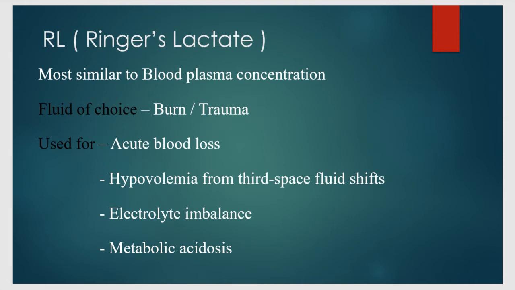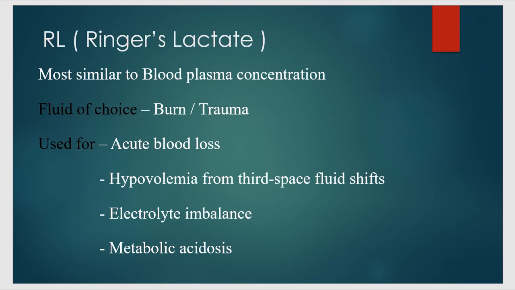And this Ringer lactate is the fluid of choice in any burn patient or any patient presenting to us with history of acute trauma in hypovolemic condition. So burn and trauma patient, fluid of choice, Ringer's lactate. And it is used for acute blood loss to maintain the plasma volume.